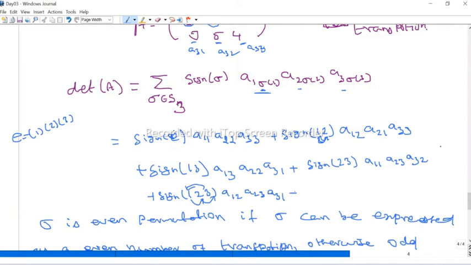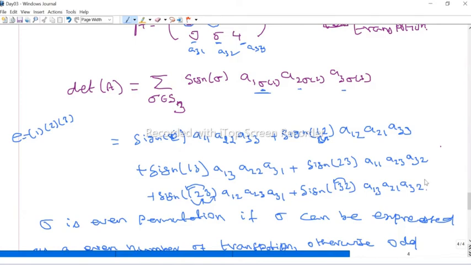The last one is the sign of the last permutation 1 3 2. This is A1 sigma 1, 1 goes to 3, A2 sigma of 2 is 1, A3 sigma of 3 is 2. Now we have the sixth term.